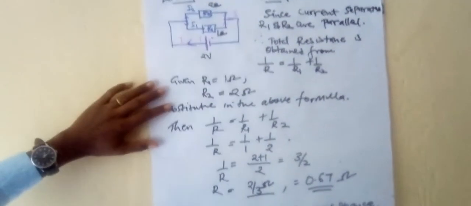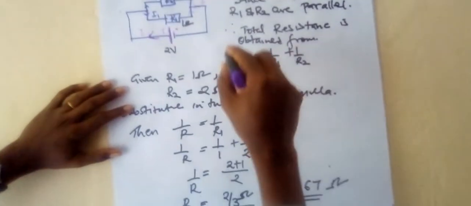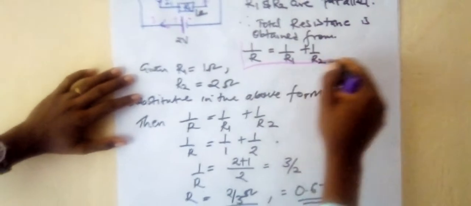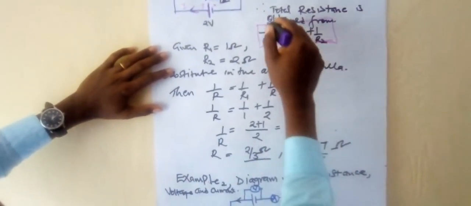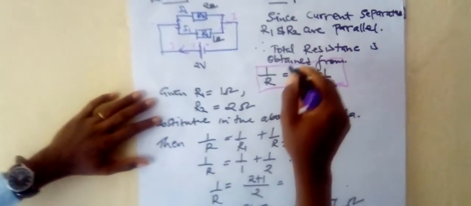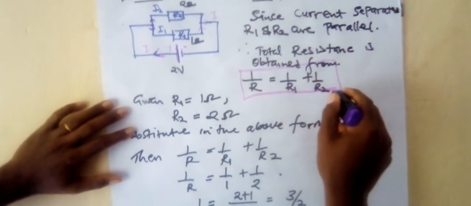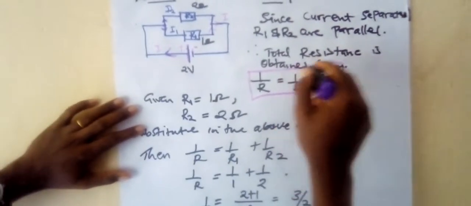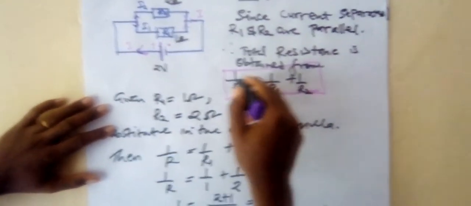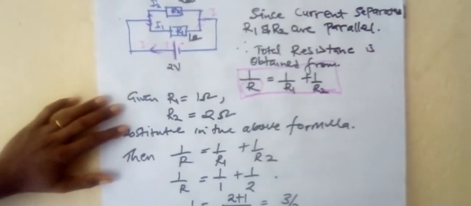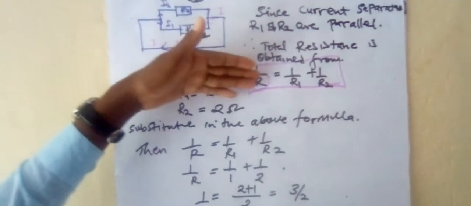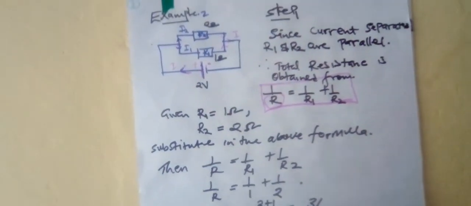Now, if that is true, then our total resistance is obtained from this formula, that 1 over R equals 1 over R1 plus 1 over R2. Remember, our total resistance, we are calling it R. We don't get it directly, but we shall get the reciprocal.